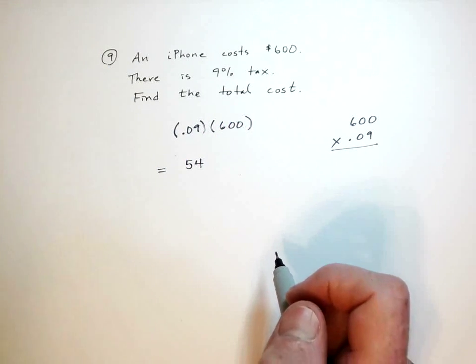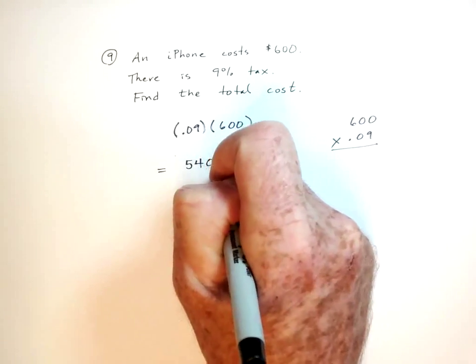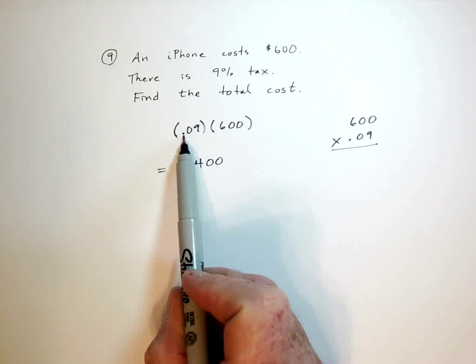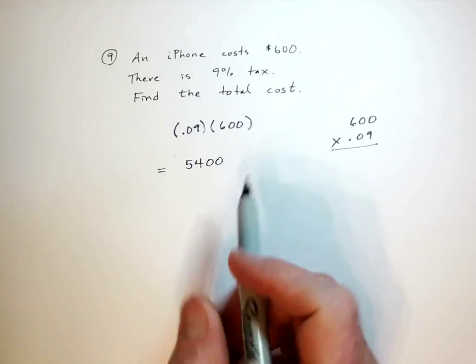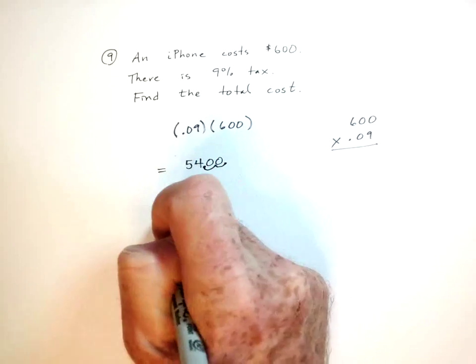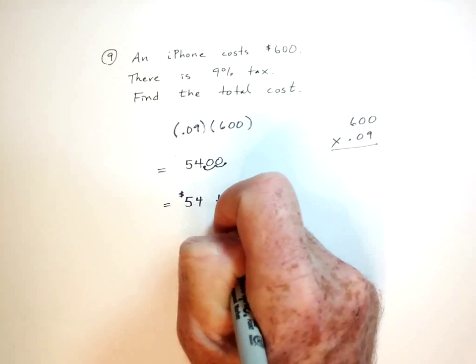Then this would have 2 zeros, so you'd have to put 2 zeros on the end. And finally, this has the decimal that's been moved over by 2, so this has to have the decimal moved over by 2. So in other words, the tax is going to be $54.